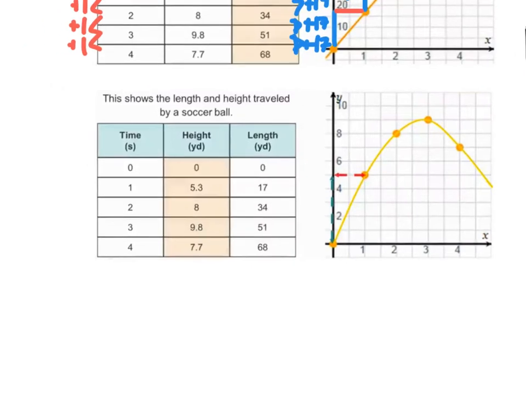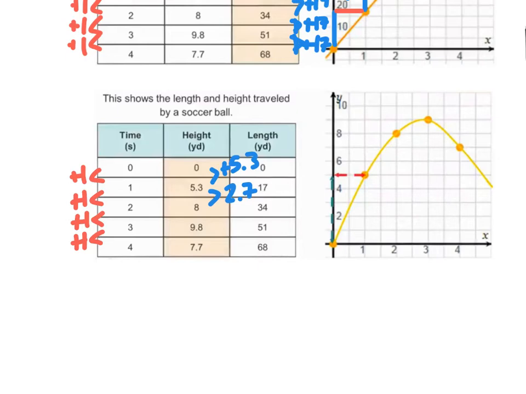Okay, now if I look at this other table here, talking about the height, what we know is that the time is increasing by 1 second each time, okay? But the height of my soccer ball is changing at a different rate. The first one here, we're changing by plus 5.3. Okay, from 5.3 to 8, that one's increasing by 2.7.